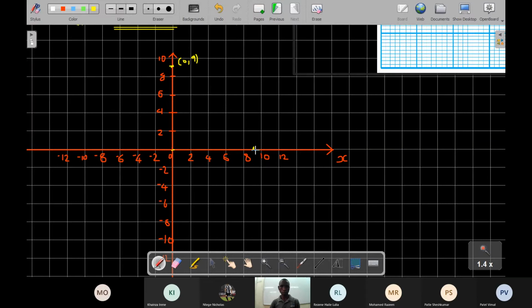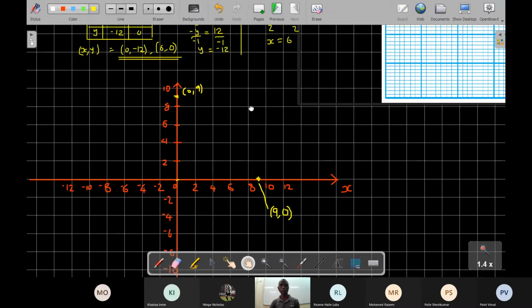This point here is 9 on the x-axis and then 0 on the y-axis. So when you come here, you should be able to plot. These are the two coordinates of that first equation.